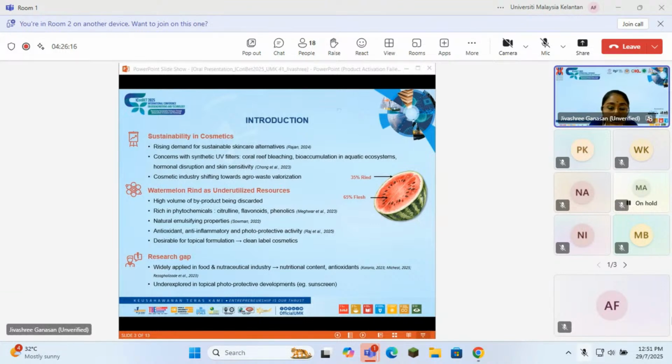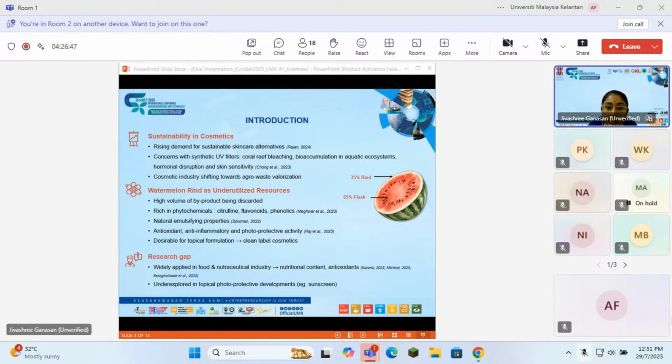In response to this, there has been a shift towards using natural ingredients in cosmetics, with a specific focus on agro-based utilization. My study focuses on utilizing watermelon rind, which is the white part of the watermelon, a commonly discarded byproduct which has been discovered to be rich in bioactive compounds like flavonoids, phenolics, and citrulline especially.